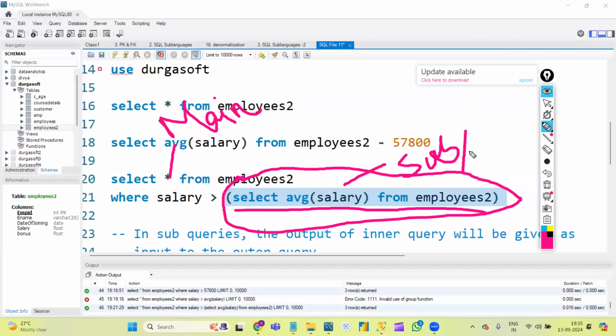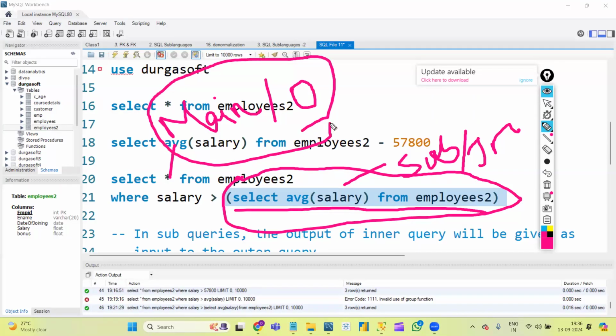The subquery is also called the inner query, and the main query is also called the outer query. The final output after executing the syntax will be the output of the outer query or main query. Okay, am I clear?